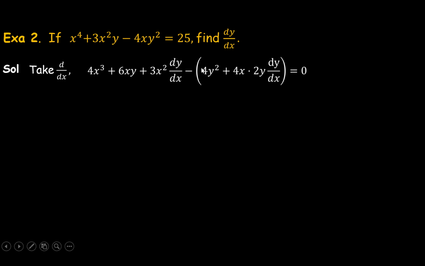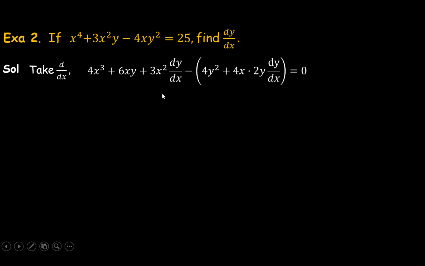F prime in this case is just 4, and g is y squared. Then plus f g prime. F is 4x, and derivative of y squared, again, we have to use the generalized power rule. Just like before, this should be equal to 2y times dy/dx. Okay? And then derivative of 25 is simply 0.